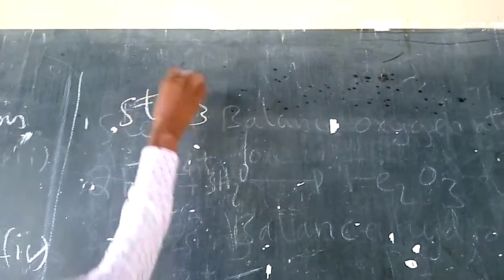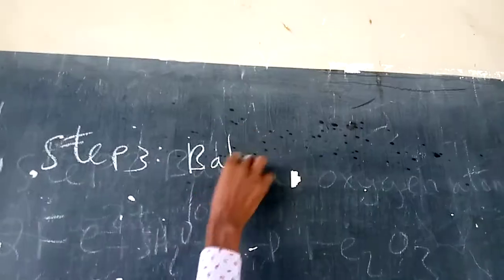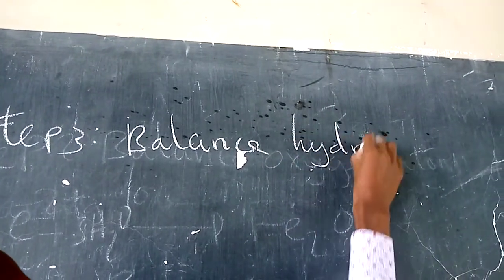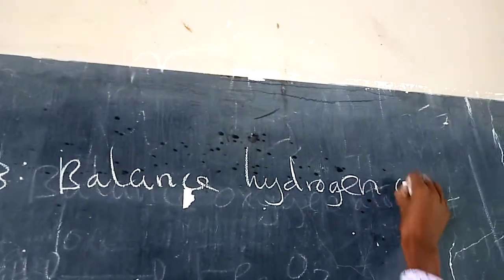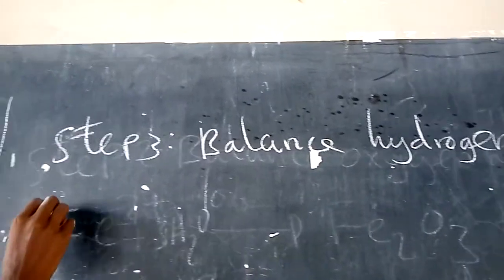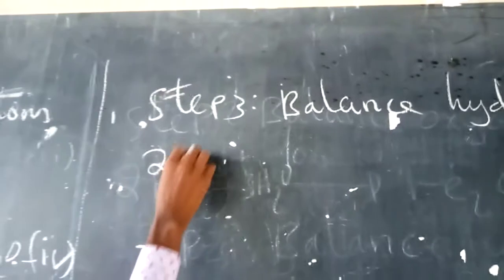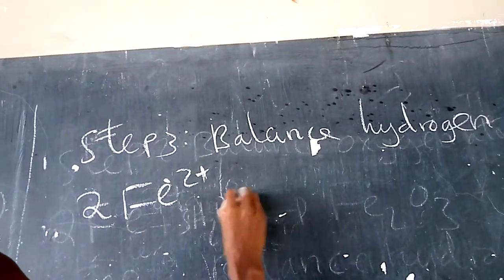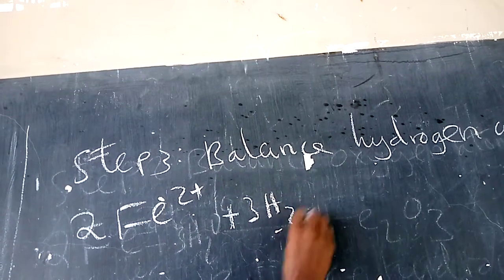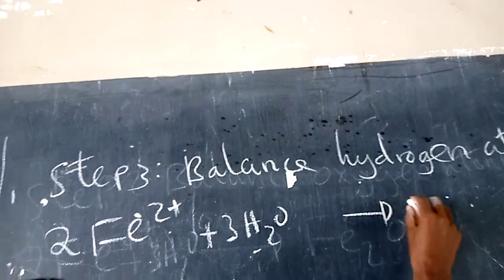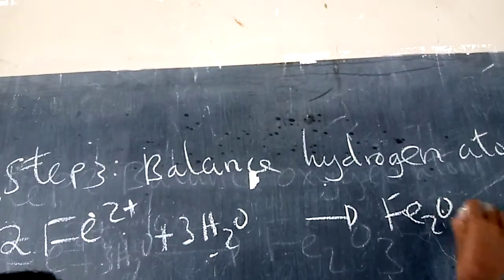Step 3. Balance hydrogen atom. To balance hydrogen atom, very simple class. Take your equation as it is. It is 2 Fe2+ plus 3 water molecules to form Fe2O3.